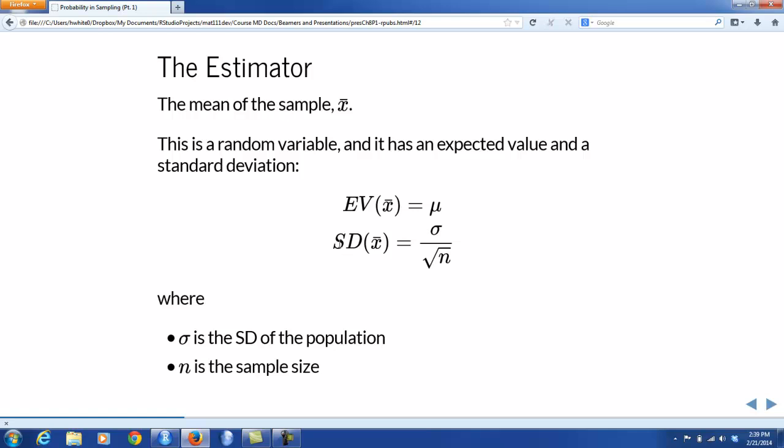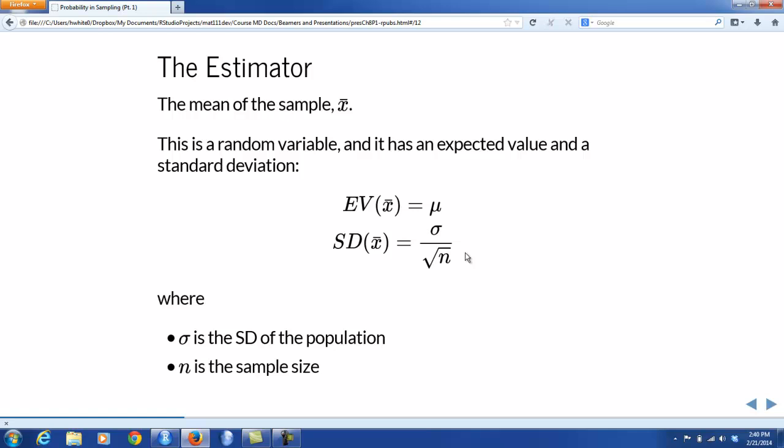The standard deviation of x bar, remember, is a measure of about how far this random variable could be expected to be from its expected value. And this has an interesting formula. It's the standard deviation sigma of the population divided by the square root of the sample size itself.